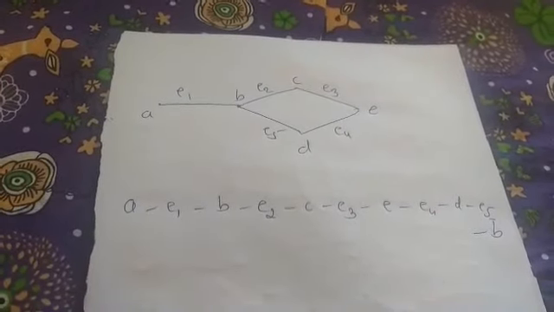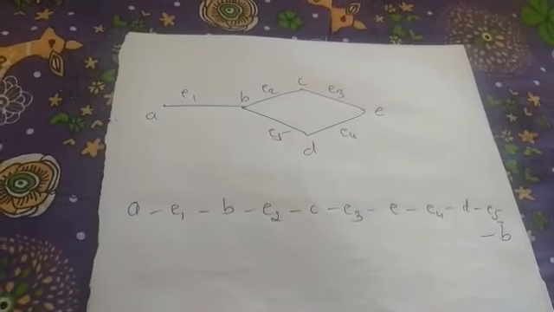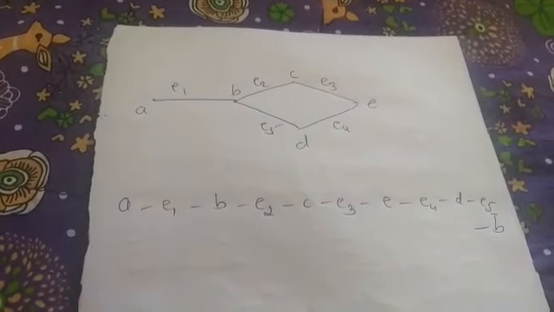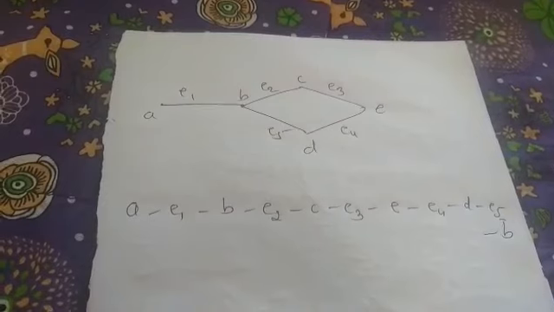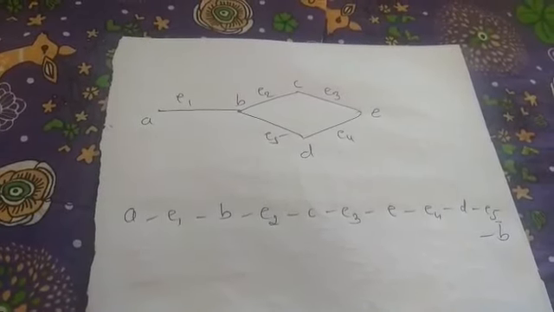So we can conclude this graph has an Eulerian path. But it is not a circuit because the starting point and end point are not the same.